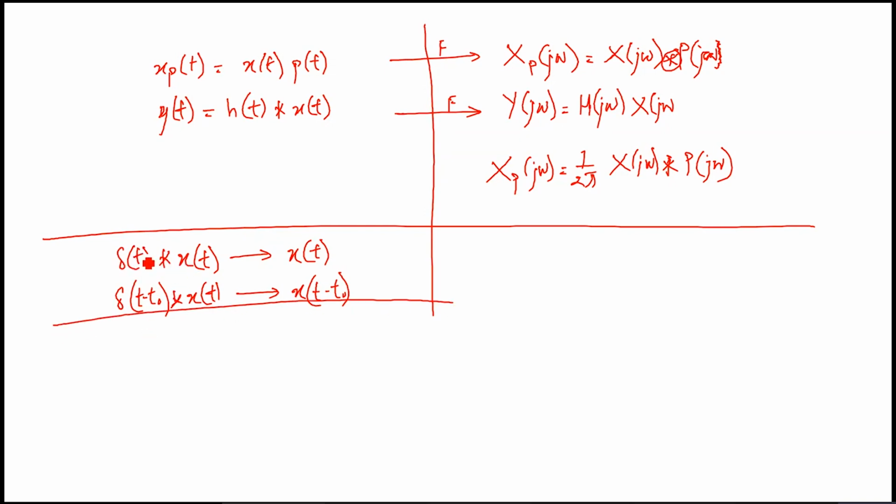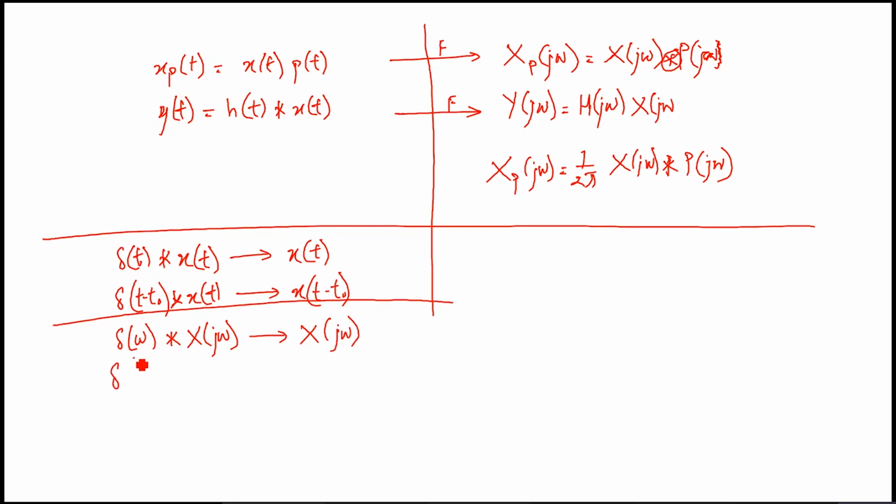Now this is where we have the variable t, which means the time domain. But the same thing is true in any domain. Let's say we have an impulse convolved with, let's say, X(jω). This will also give you the same thing back, X(jω).